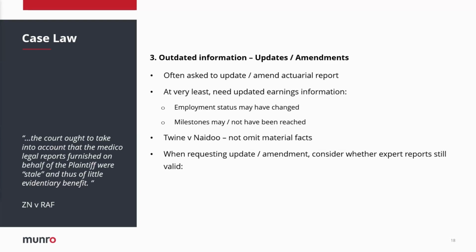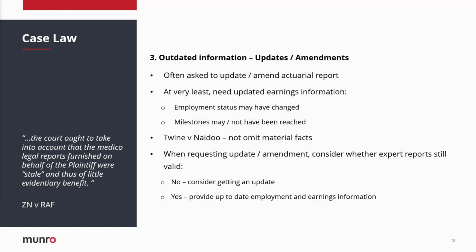When you request an update or an amendment, please consider whether the expert reports are still valid. If they are not valid, I would really recommend getting an update, unless you know that the change is immaterial. But any material changes, I think it's worthwhile to get an update.